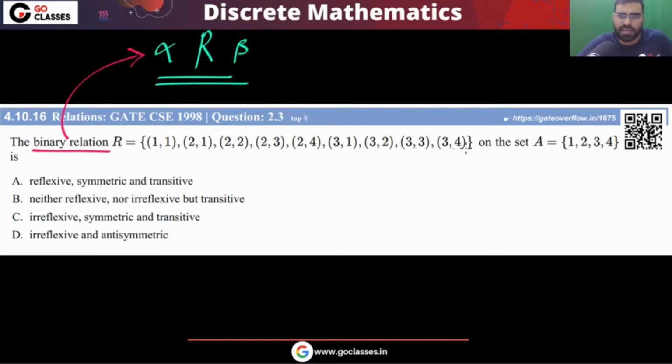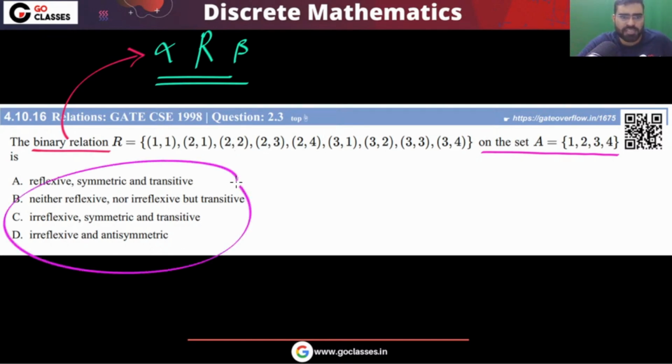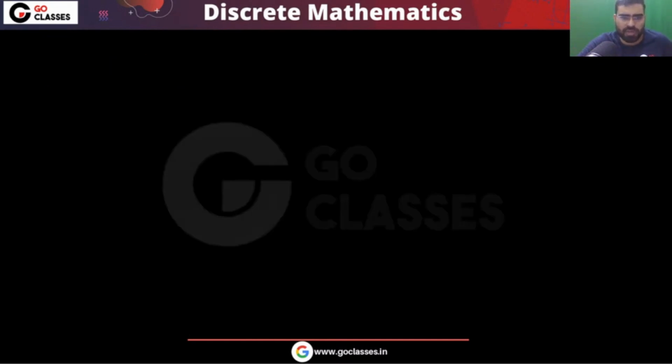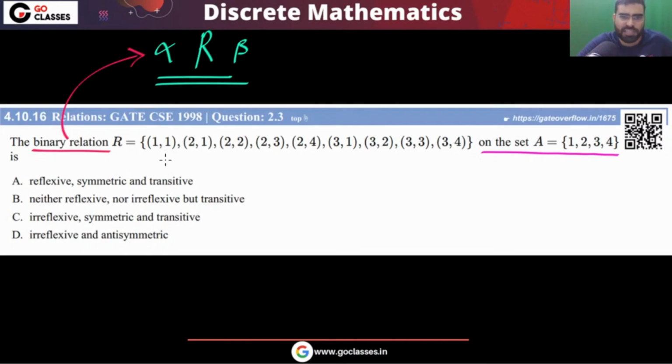Now, this binary relation is given on the set {1, 2, 3, 4}. As you can see, 1 is related to 1, 2 is related to 1, 2 is related to 2, 2 is related to 3, 2 is related to 4, and so on. Now let's check these properties. First, is this relation reflexive?